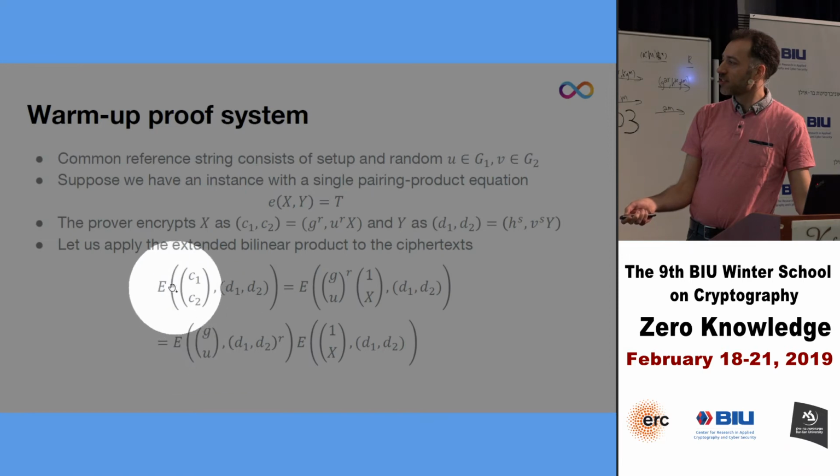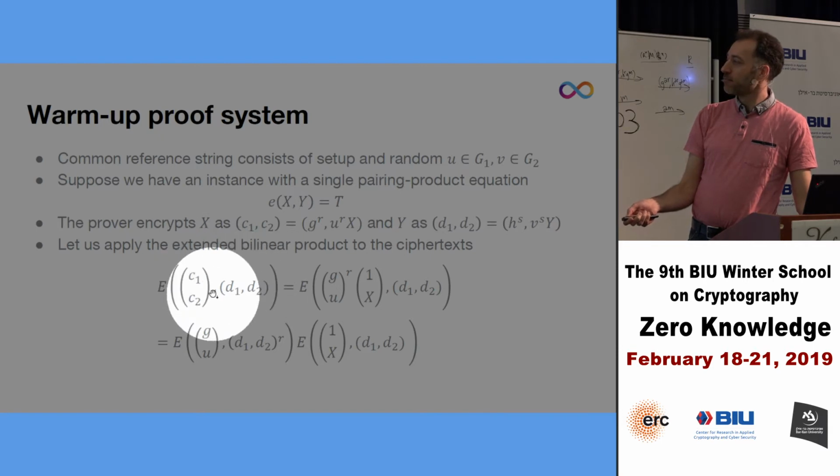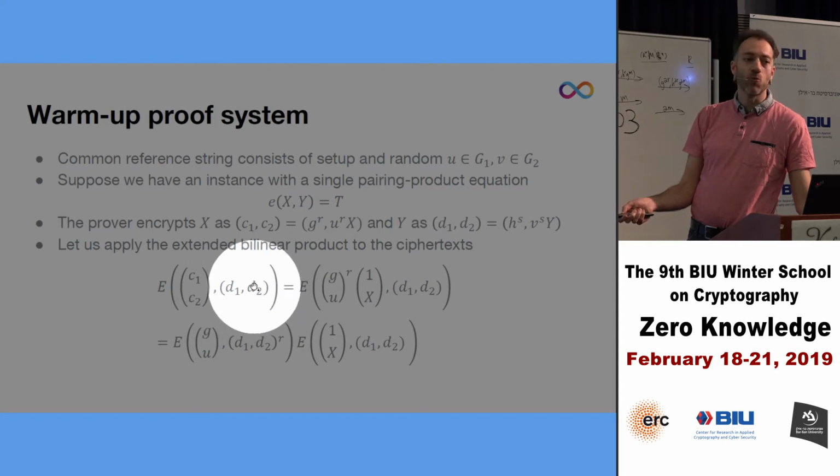So we'll take the extended pairing of the ciphertext that encrypts x with the ciphertext that encrypts the secret y. Okay? And we'll do a lot of computations and see what comes out of it.